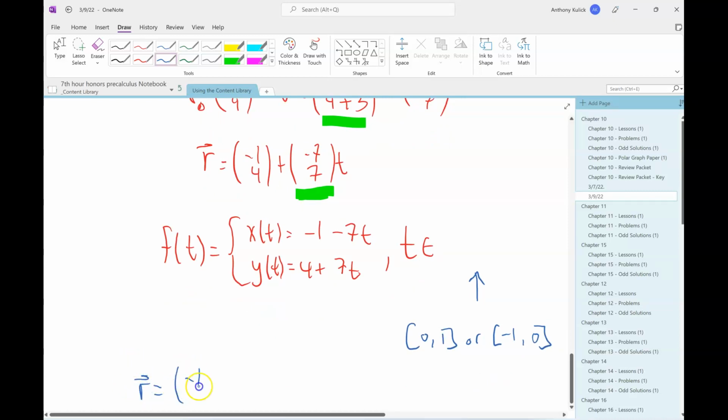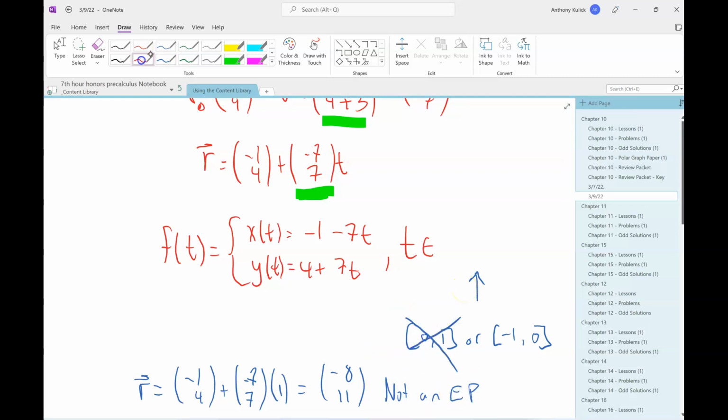Say I usually just check with 1 because it's like one less negative sign. Since that's not an endpoint, I know it's not that one. And I'm done. Didn't involve having to solve anything like we would if we had used the mx plus b equation.